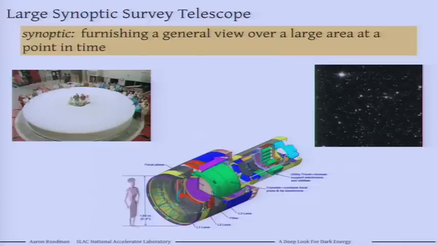Now, what is LSST? There are three major legs to LSST. One is the telescope, the observatory facility, all the infrastructure that will be on our mountaintop in Chile. Here's a picture of the primary mirror being constructed. That's one component.